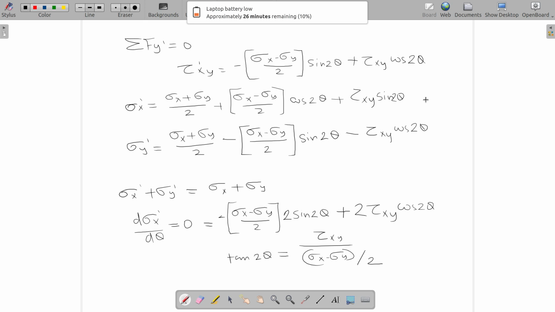And here you will use the fact that theta is nothing but half of tan inverse of this quantity. So we will use the corresponding triangle and the ratio of the sides to actually find out the value of sigma x dash.